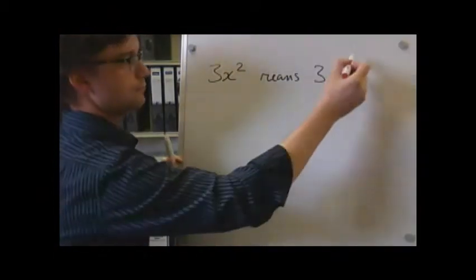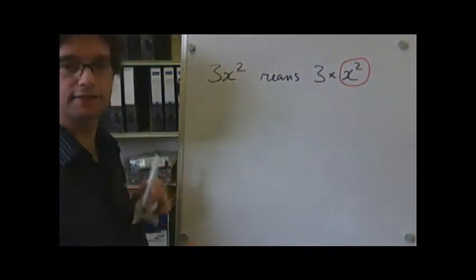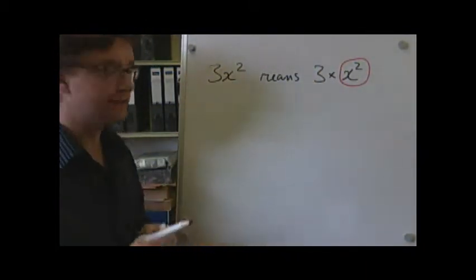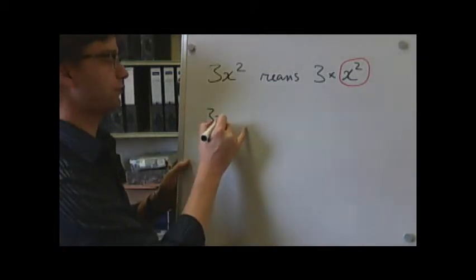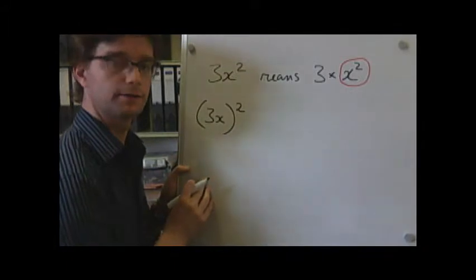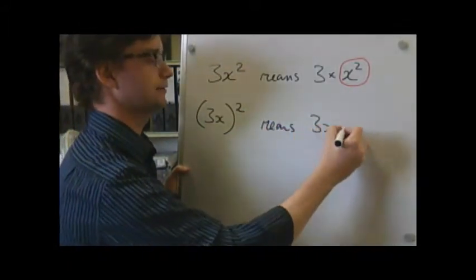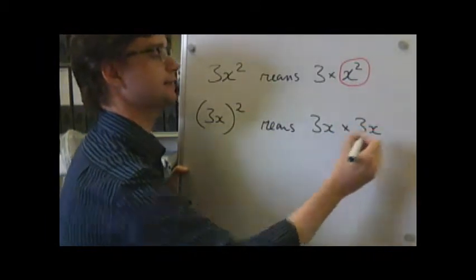This is x squared, and the 3 doesn't get squared. It's different to (3x) squared, which means 3x times 3x.